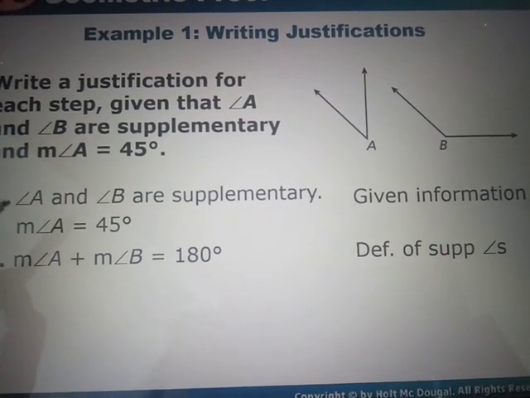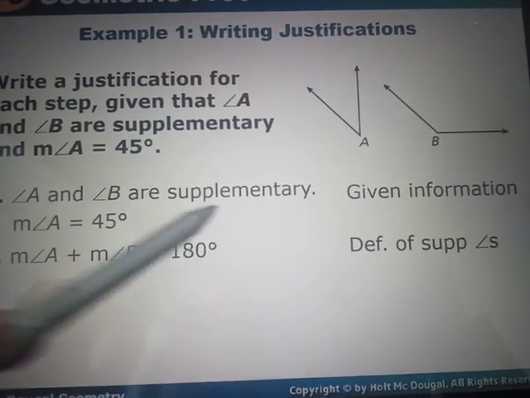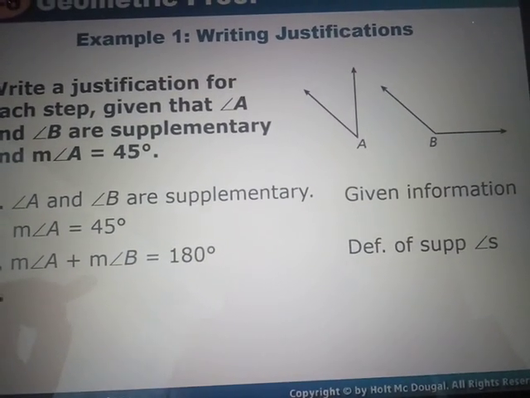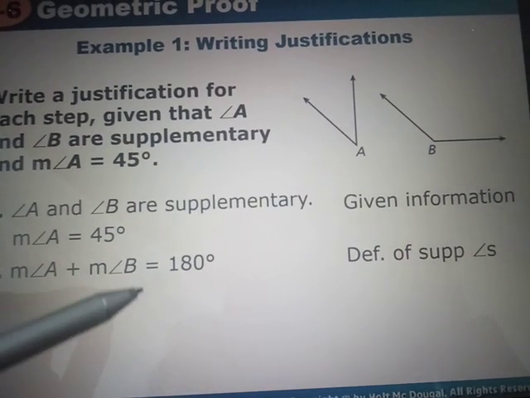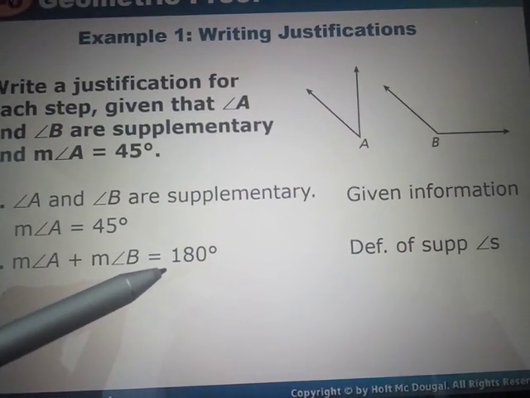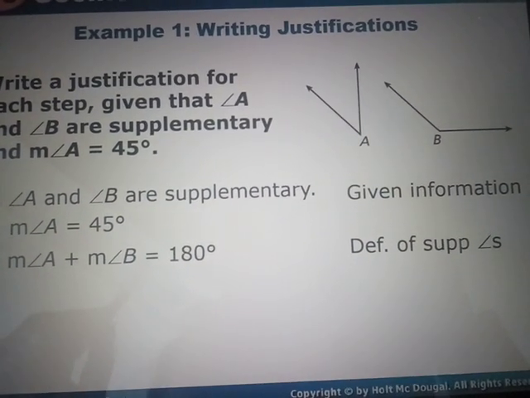If he gave you angle A and angle B are complementary, what is the next step? You will write measure angle A plus measure angle B equals 90. From where do you know this information? From the definition of complementary angles.